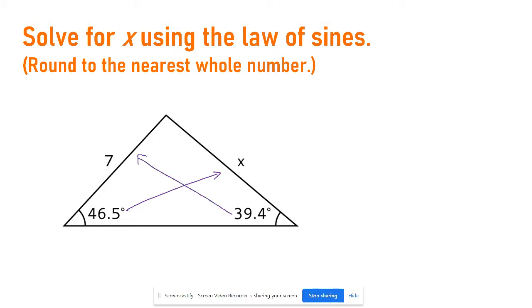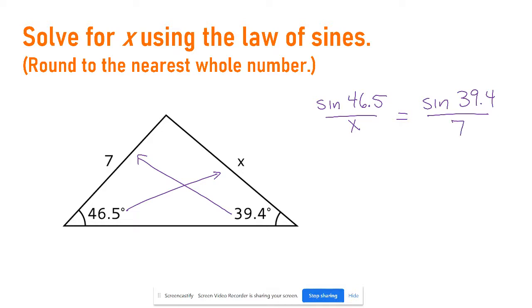So the way we would set this up is we would say sine of 46.5 over x, we match it up with its opposite side and make a fraction, is equal to the sine of 39.4 over 7, the measure of its opposite side.